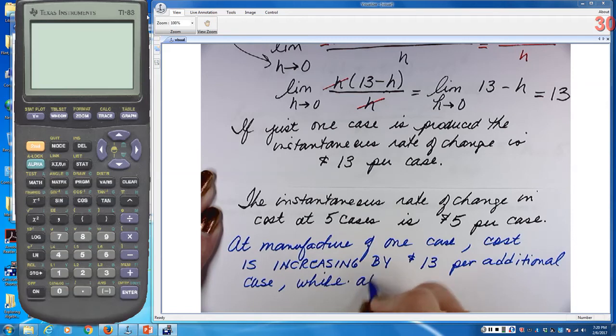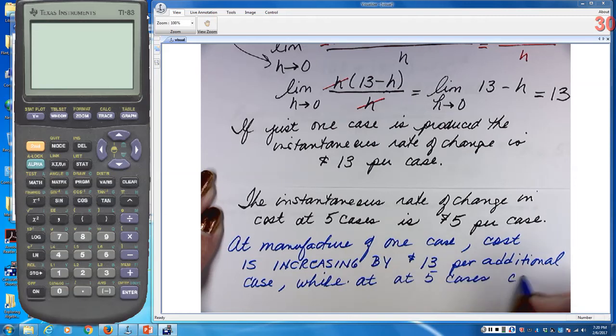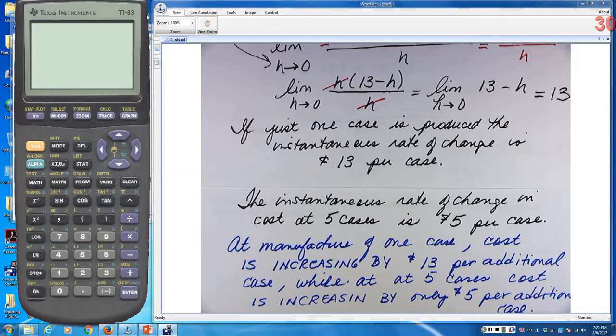While at 5 cases, cost is increasing, because it's still positive, by only $5 per additional case. Okay?